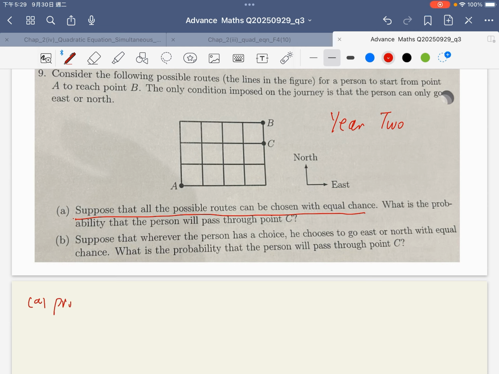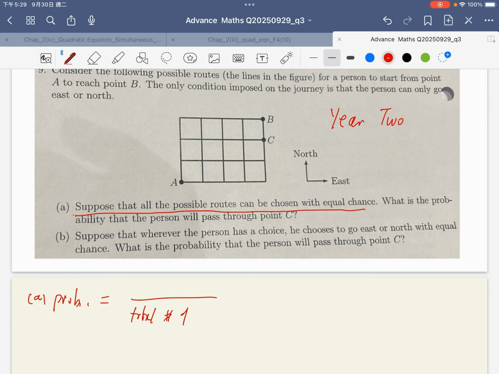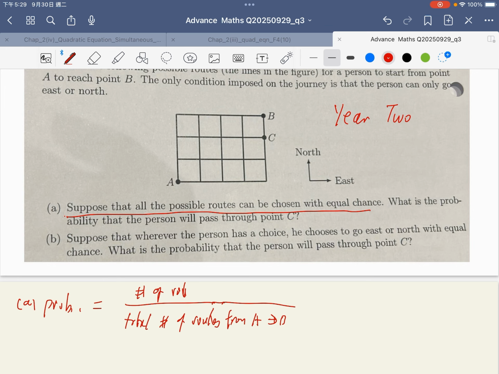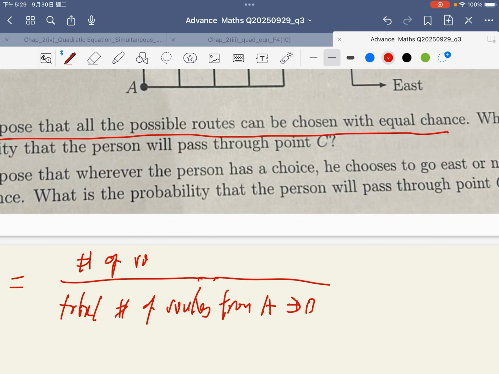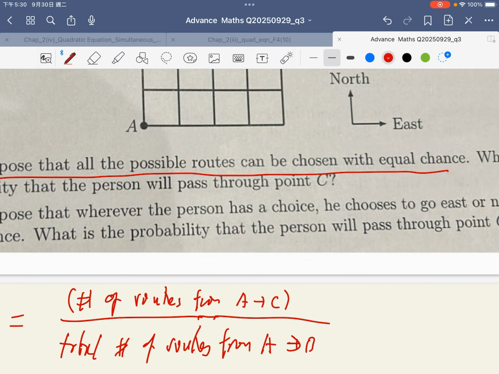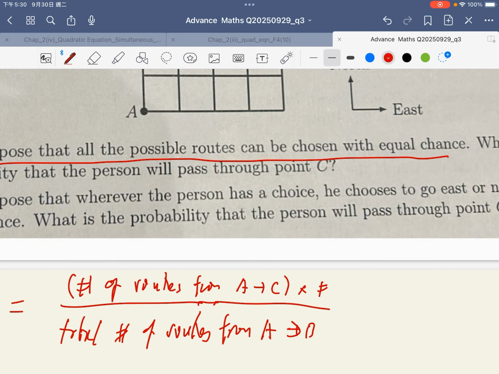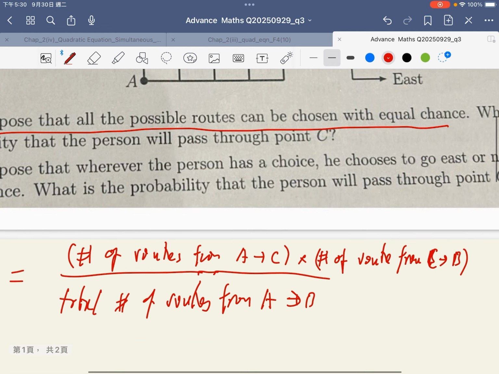By the definition, the denominator is the total number of routes from A to B, and the numerator is the total number of routes from A to C, times the number of routes from C to B, which is 1.